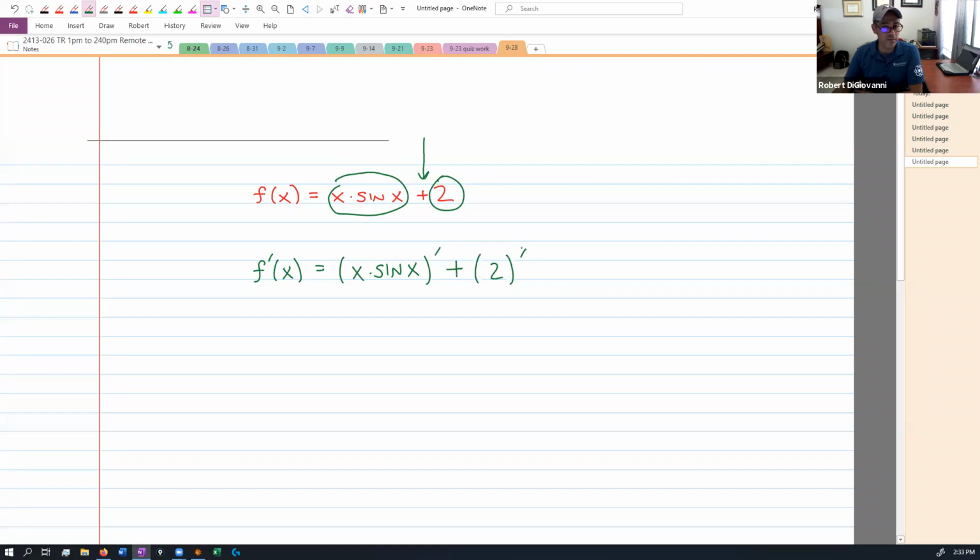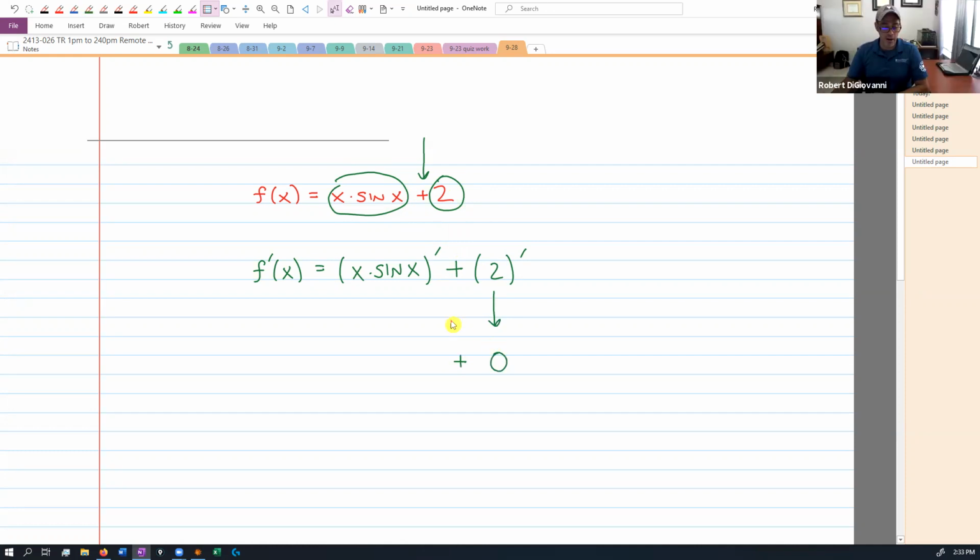With me? Do you understand this notation? I'm taking the derivative, I have an addition sign, so I'm doing the derivative of each of these individually because the rule tells me I can do that with addition. Now the derivative of 2 is what? Would be 0. Okay, that's a constant.